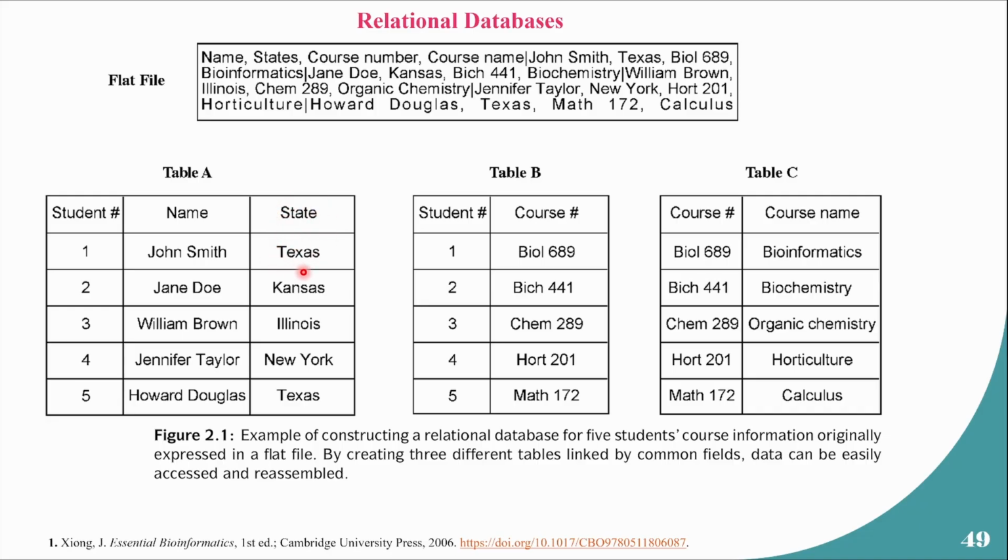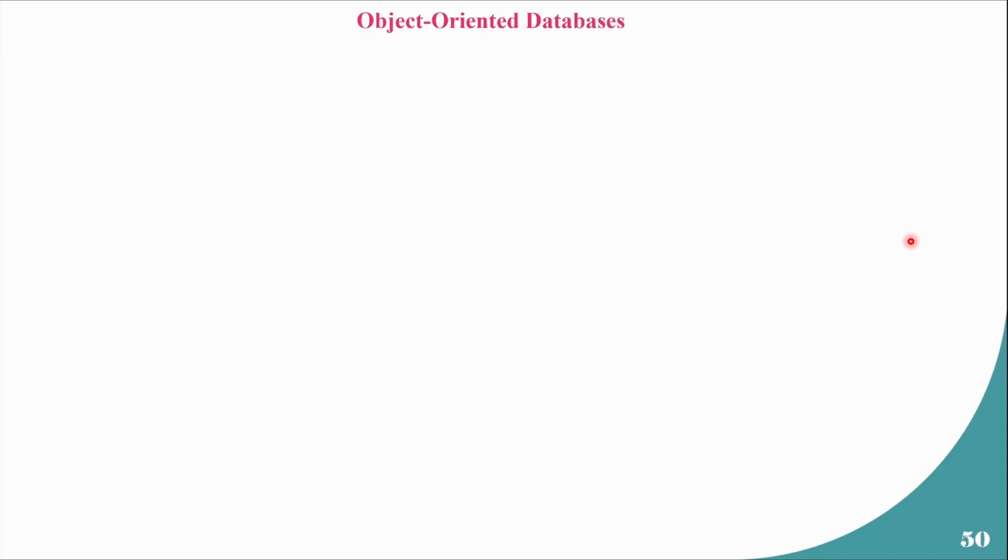It has to retrieve the student ID corresponding to our state information query. And then after that, for table B and table C, it does not need to go through the entire tables. It can just relate the student ID with the course ID and then the course ID with the course name, which will give us the output in much less time. So that is the advantage of relational databases in terms of retrieval of data.